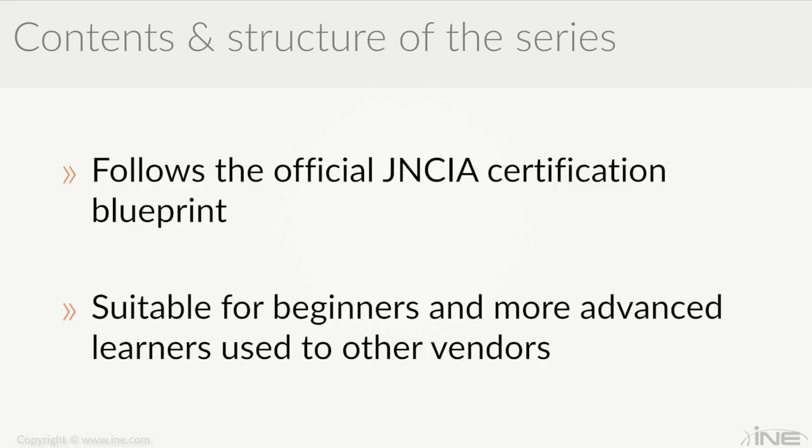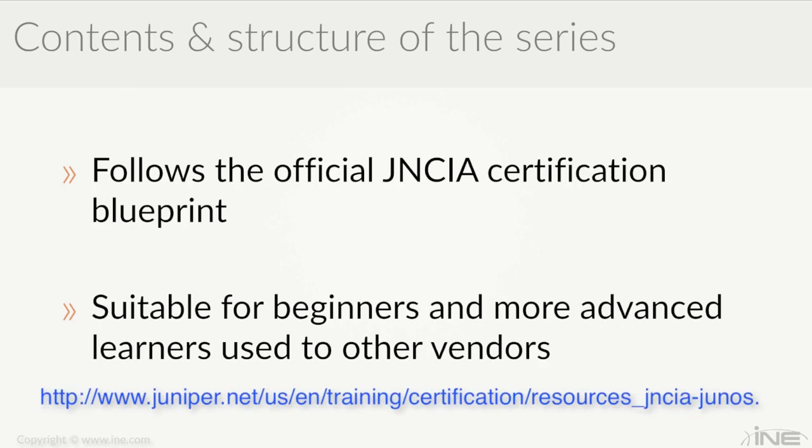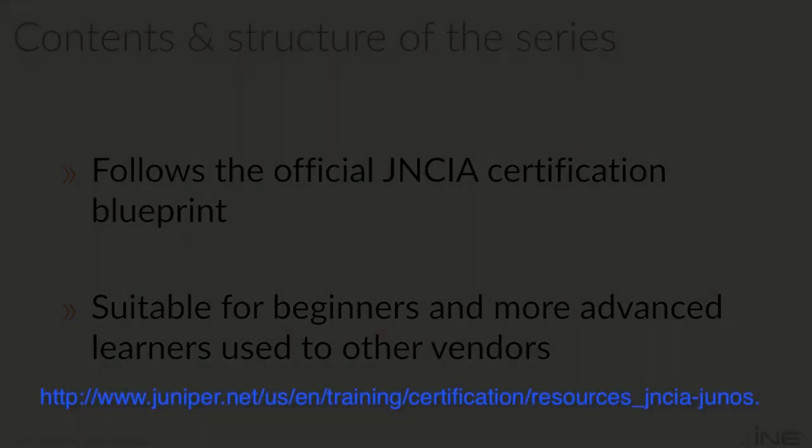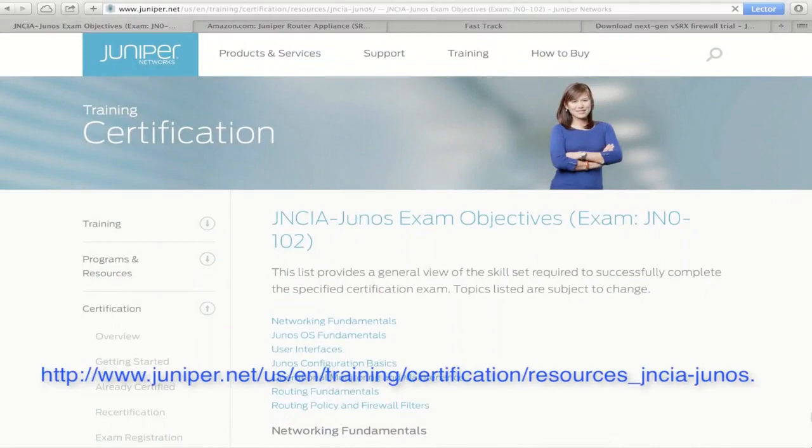This series is divided in 3 different parts, each of which covers a subset of the Junos JNCIA objectives. And in order to understand how the course is divided, let's navigate to the Juniper certification page for JNCIA-Junos.